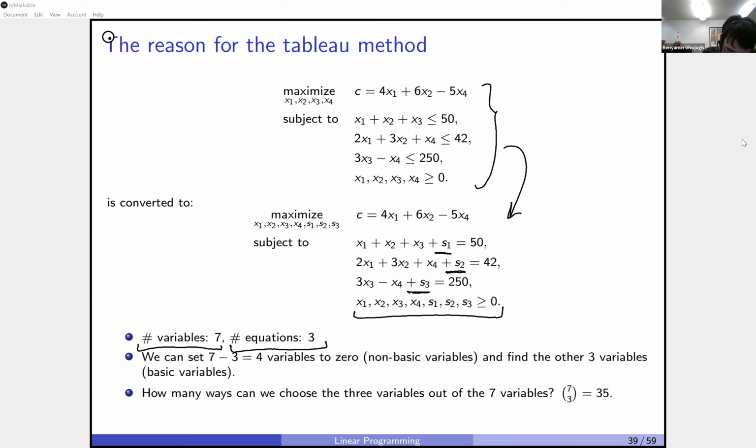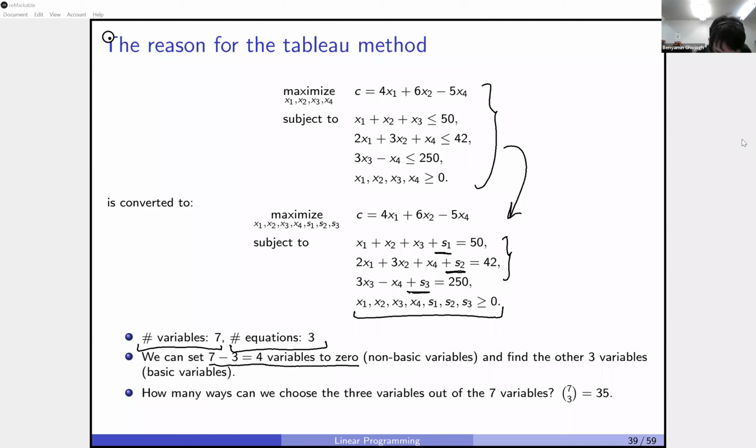Okay, so we can have 4 variables set to 0, because of course 3 of them will be basic variables, so the number of constraints equals the number of basic variables, which will have non-zero values. They might be 0, but they might be non-zero, but the non-basic variables will definitely be 0.